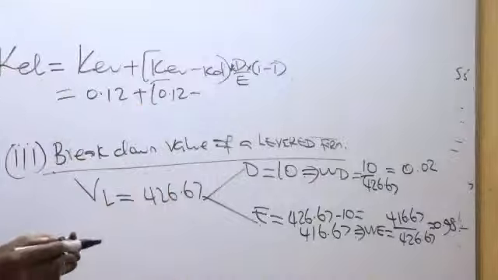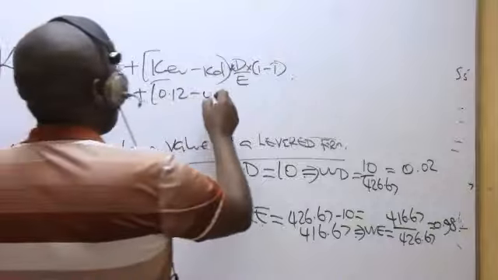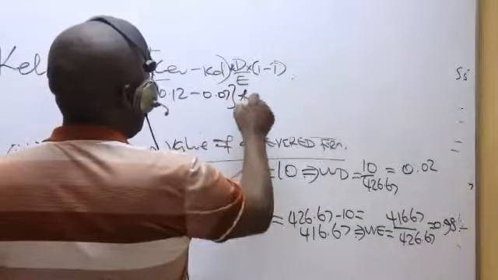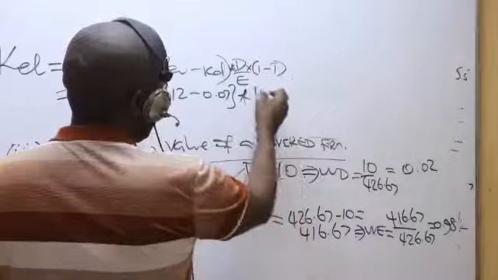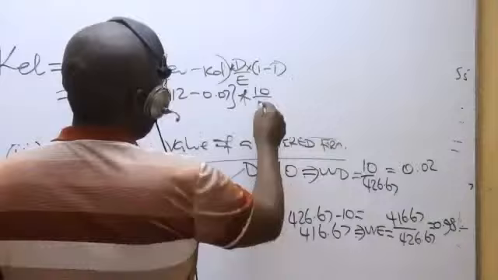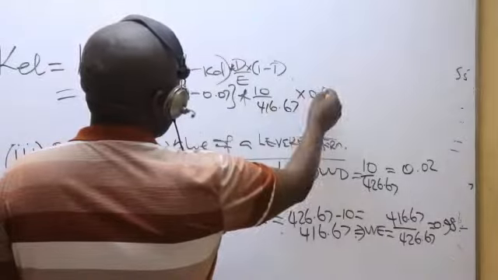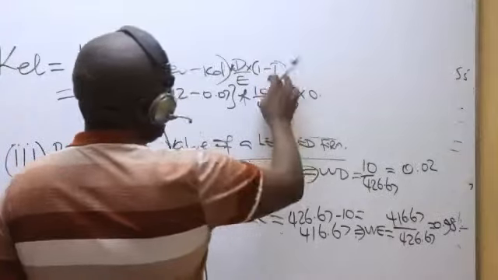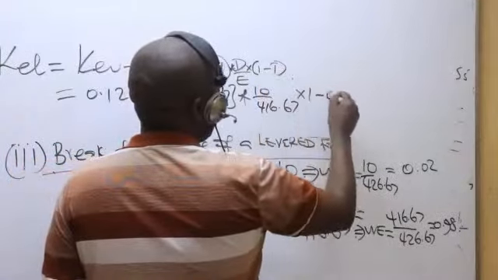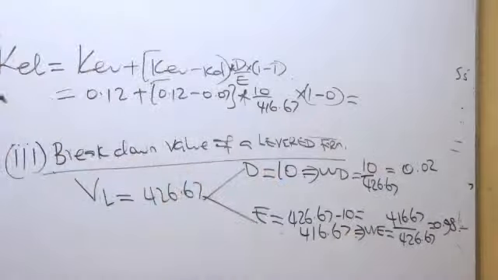Cost of debt, 7%. So 0.07 into debt, which is 10, over equity, which is 416.67, times tax. The tax stated is 0, no taxes. So 1 minus 0. You must move slowly there. Tax is 0.